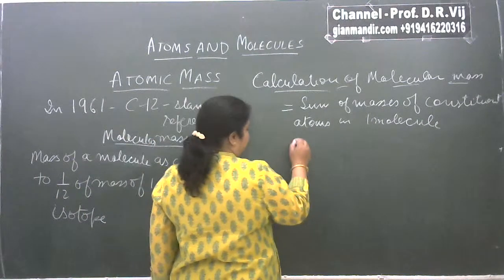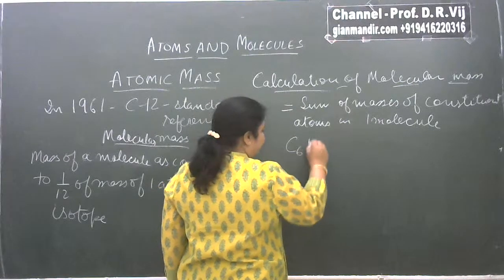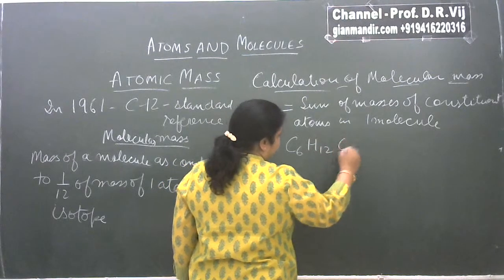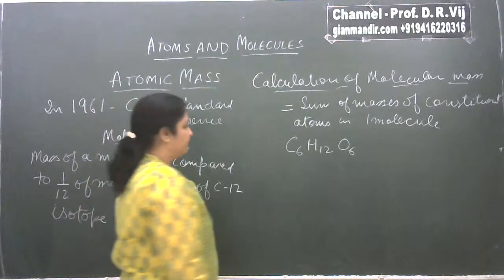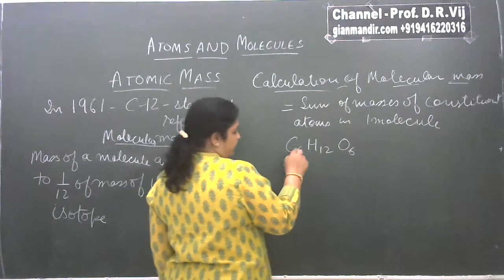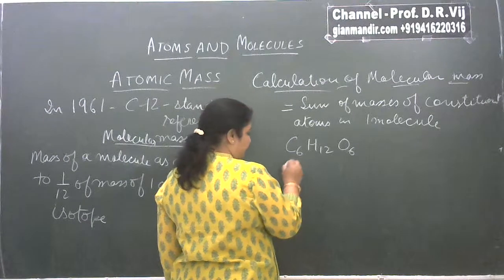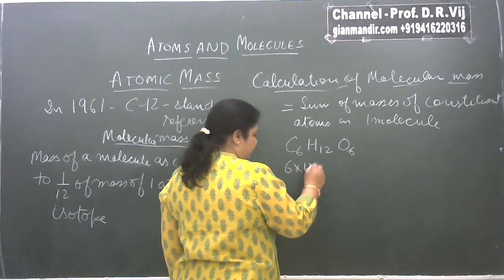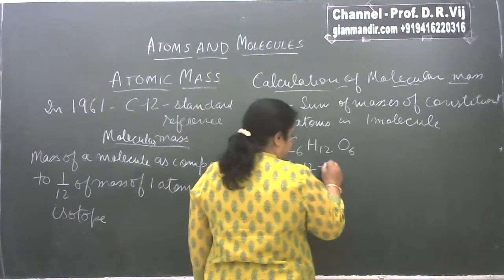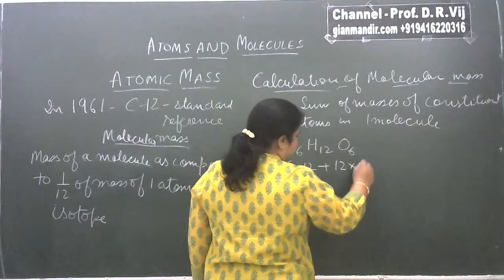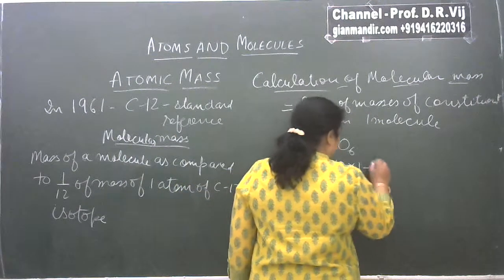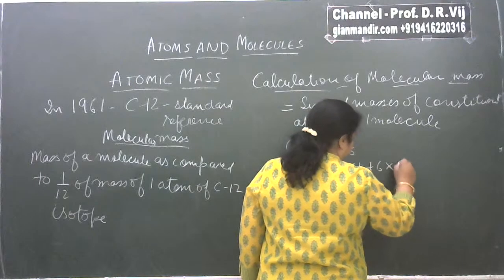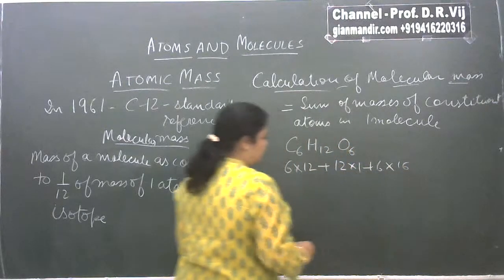For example, if you want to calculate the molecular mass of glucose molecule having formula C6H12O6, then we can calculate it as, here we have 6 carbon atoms, each having a mass of 12 unit, plus 12 hydrogen atoms, each having a mass of 1 unit, plus 6 oxygen atoms, each having a mass of 16 unit.